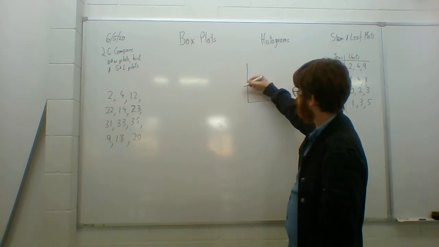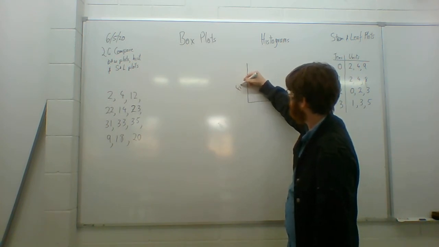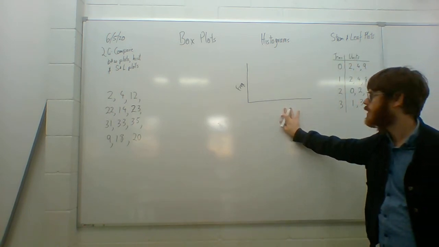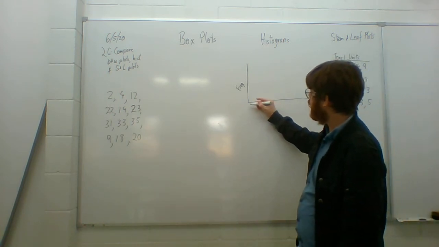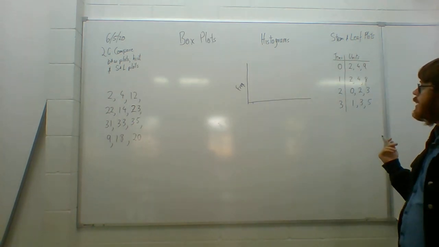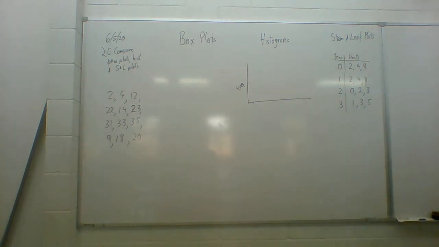Now, something we might do with a histogram. A histogram has the y-axis as frequency, and here we have our data. With a histogram, we always leave half a column gap between the y-axis and our x-axis.